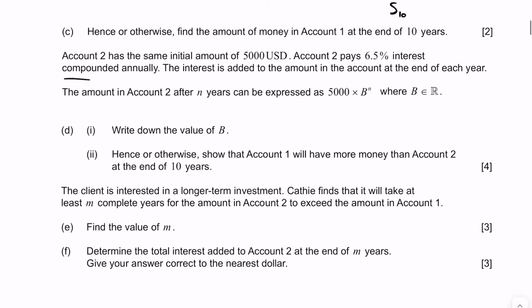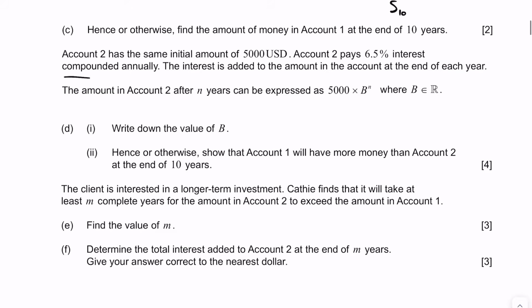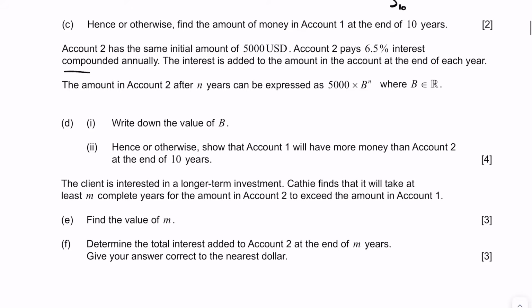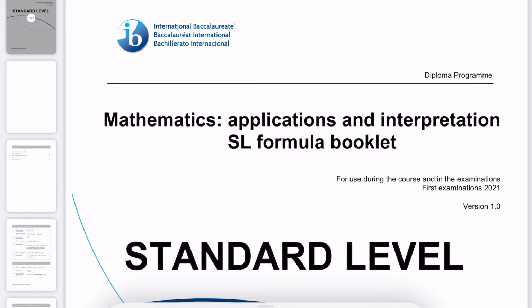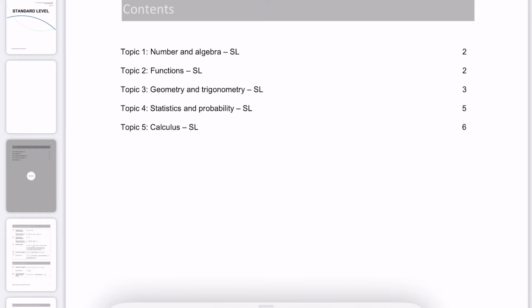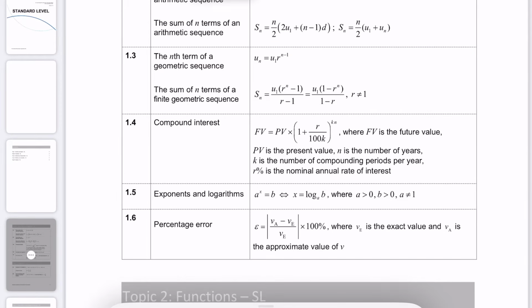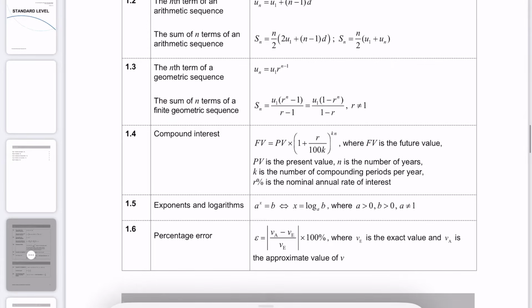So we're told the amount of money in the account is compounded annually, and it pays out 6.5% interest. So our compound interest formula, we can actually go to this in the formula booklet. I believe this is under number and algebra. Here it is.